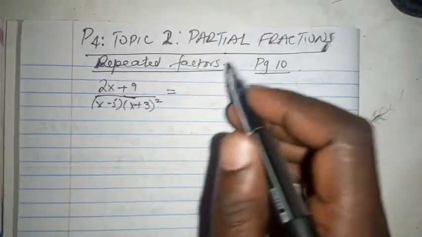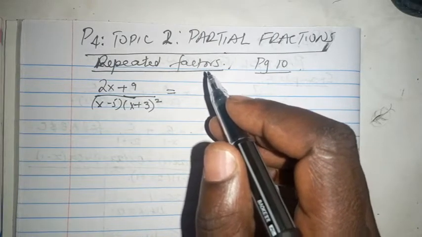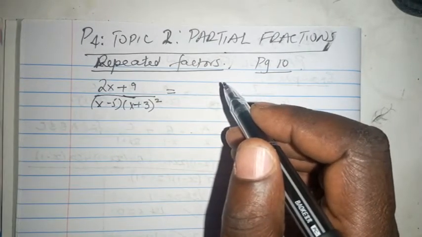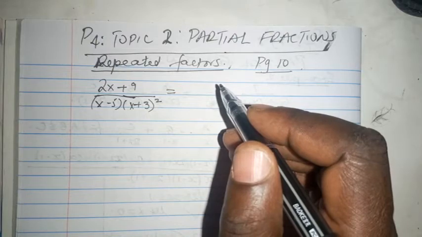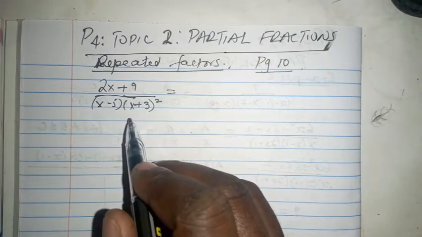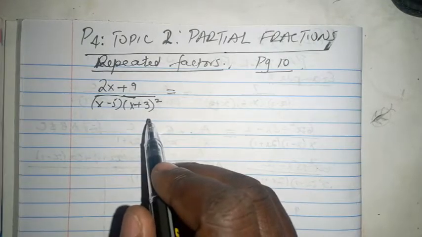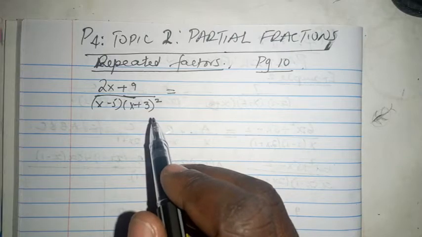Please remember that the denominator contains three linear factors, which is x minus 5, x plus 3, and x plus 3. Note that x plus 3 is a repeated linear factor.